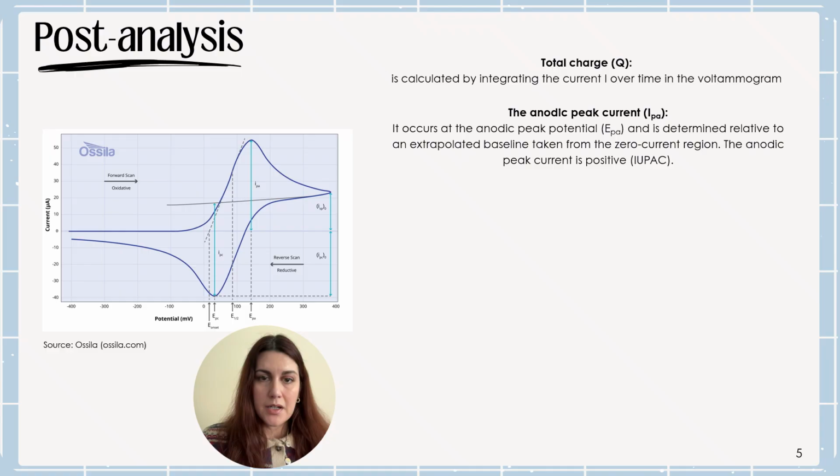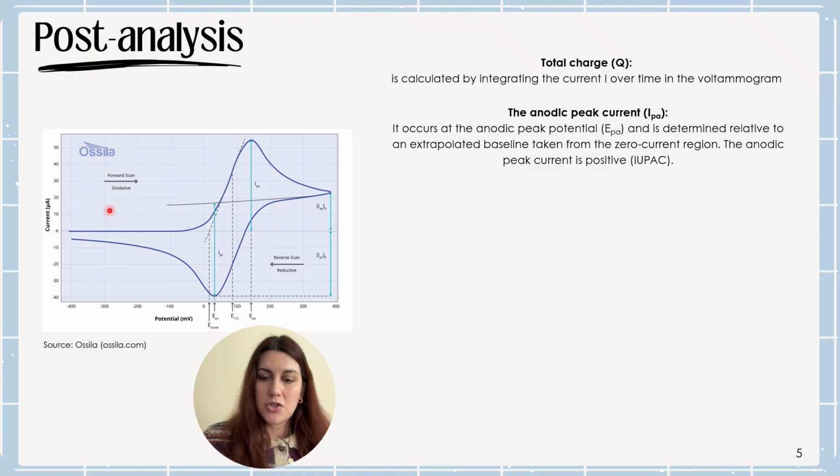Another important parameter is the anodic peak current, denoted as IPA. This is the maximum current observed during the oxidation peak, which occurs at the anodic peak potential labeled EPA. So the peak current is typically determined relative to a baseline taken from the zero current region of the voltammogram.